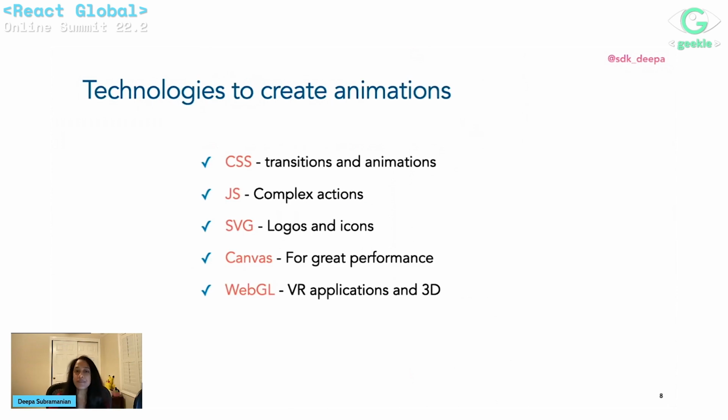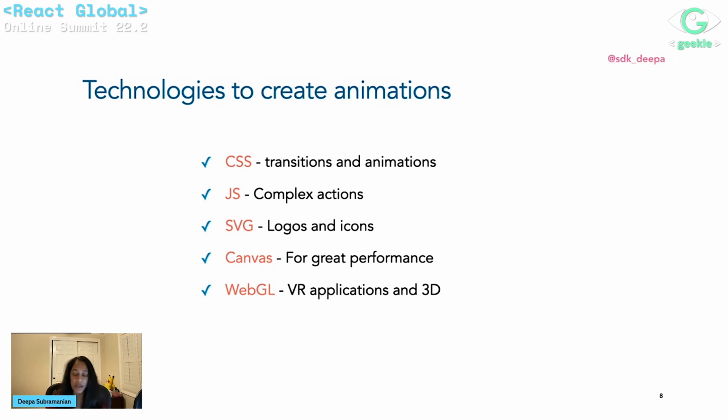So there are some technologies to create animations. One, we know CSS, through which we can do transitions and animations, and we can also use JavaScript to animate certain complex actions, such as a bouncing effect or stopping, playing, something around that. And SVGs are nothing but scalable vector graphics.